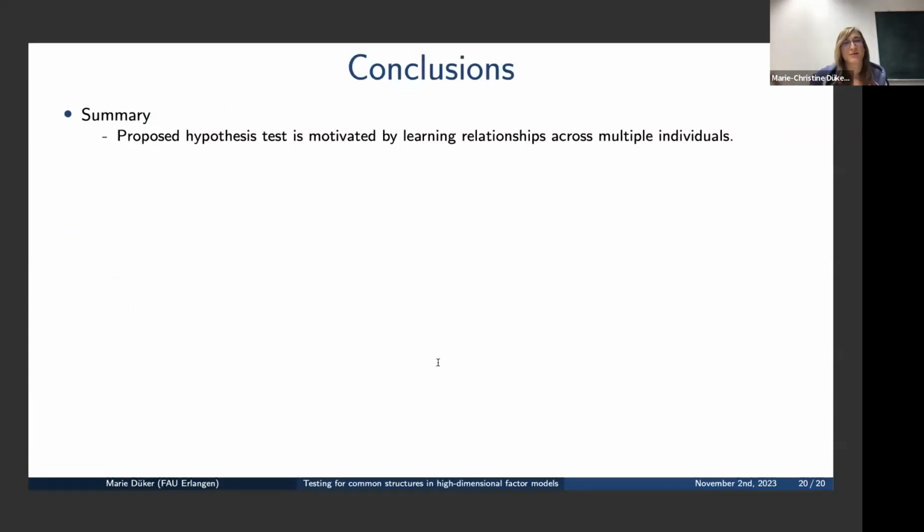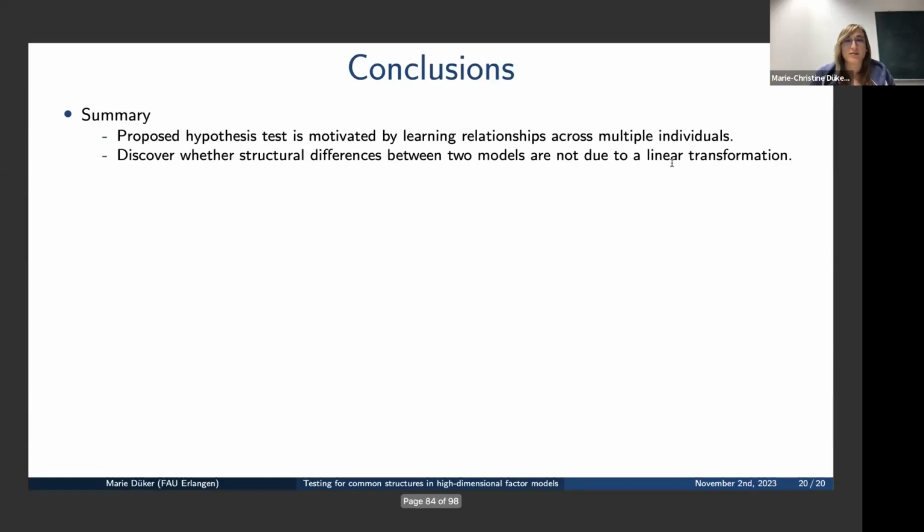But yeah, so with that, concluding, to summarize our results, we proposed this hypothesis test, which was motivated by learning relationships across different individuals, but also by structural changes in one data set or in one factor model. We try to discover whether structural changes between two models are due to linear transformations.